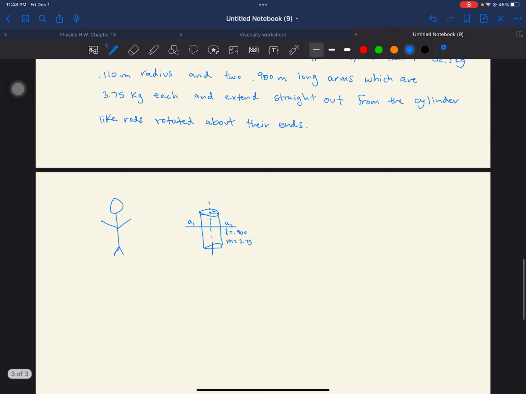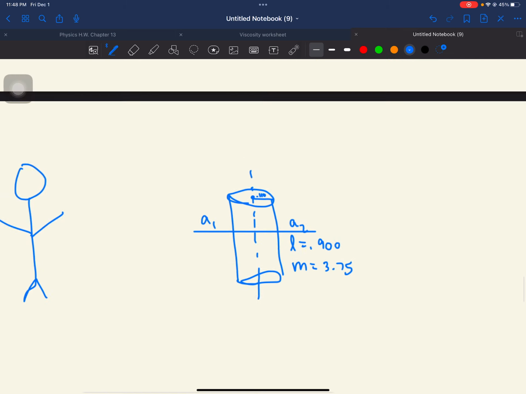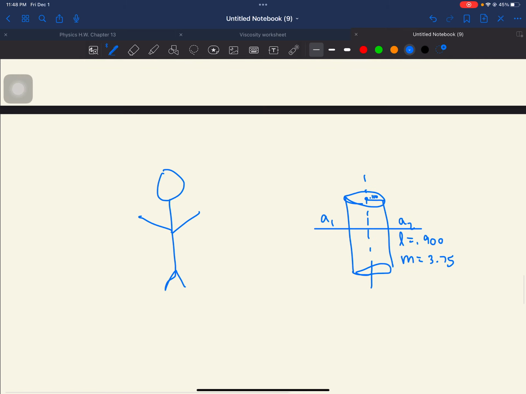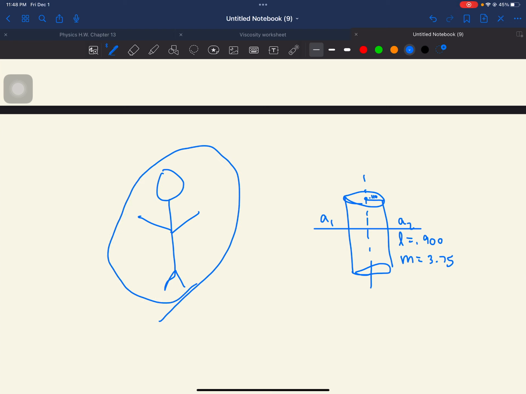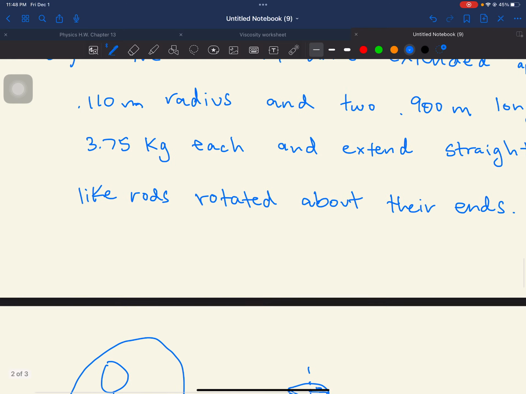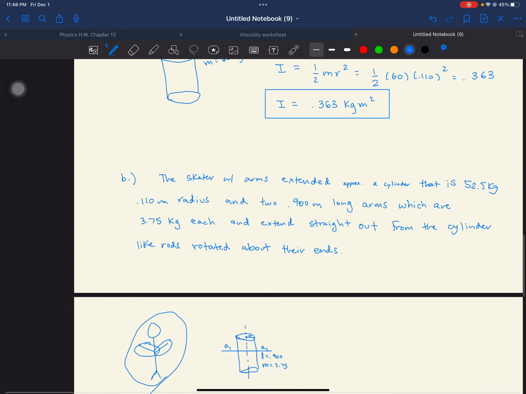For this question, we would be finding the moment of inertia for the girl along with both of the arms. And like it said in the question, the arms would be considered rods rotated about their ends.